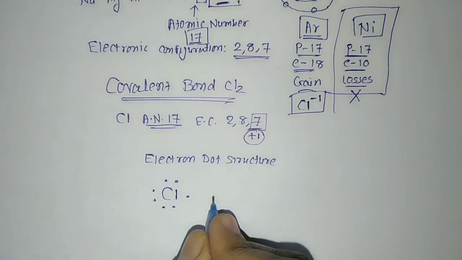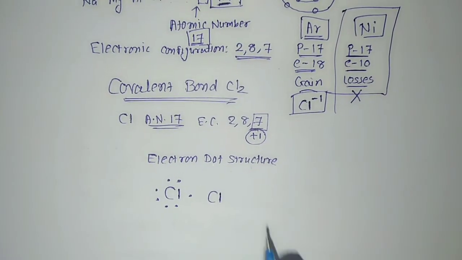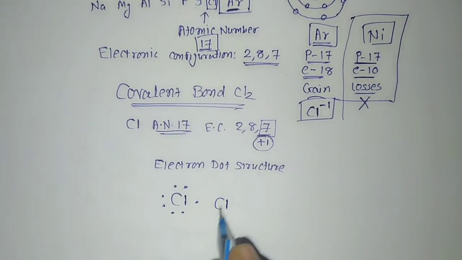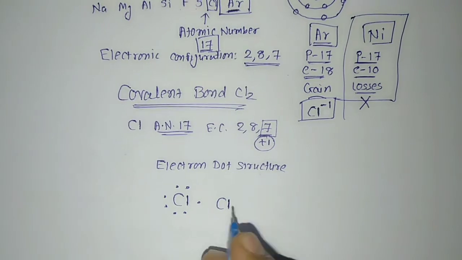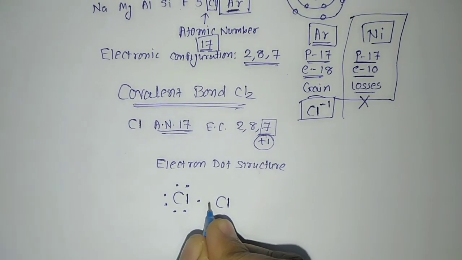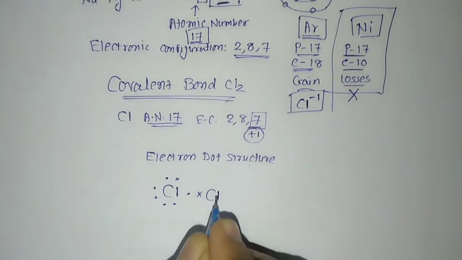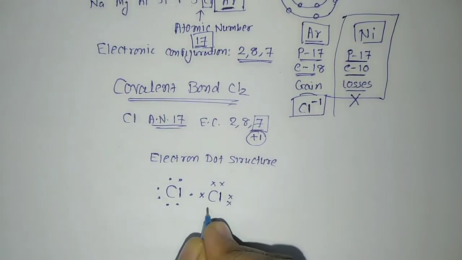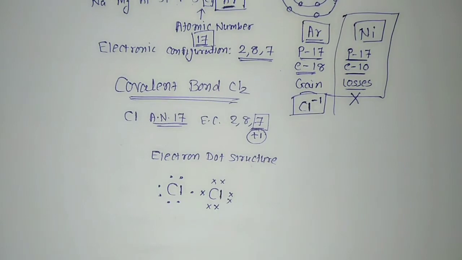Similarly, the other chlorine atom also has the same electronic configuration, 2, 8, 7, so its electron dot structure will show 7 electrons around it: 1, 2, 3, 4, 5, 6 and 7.